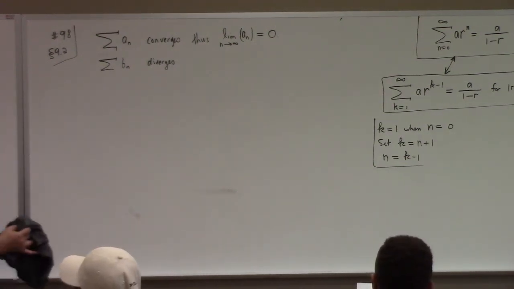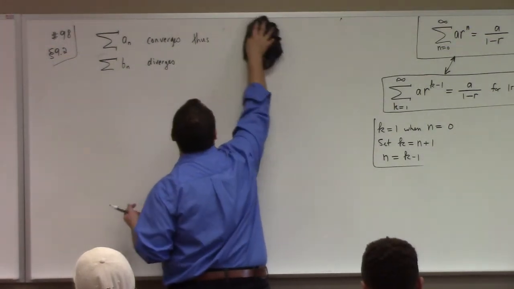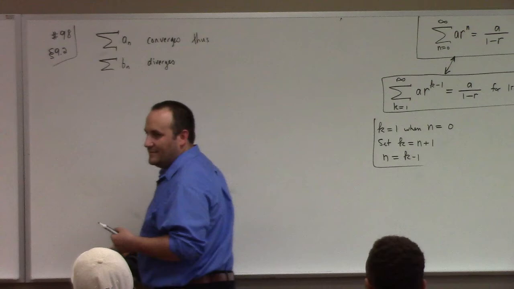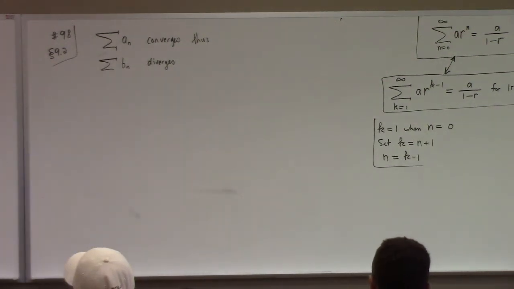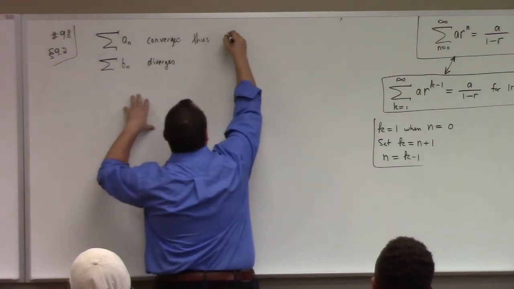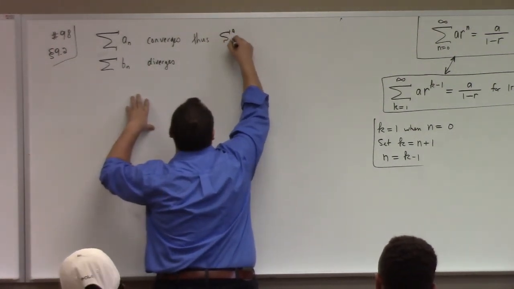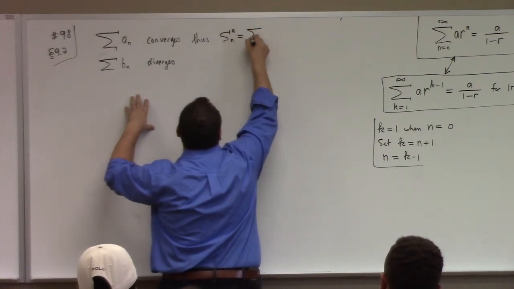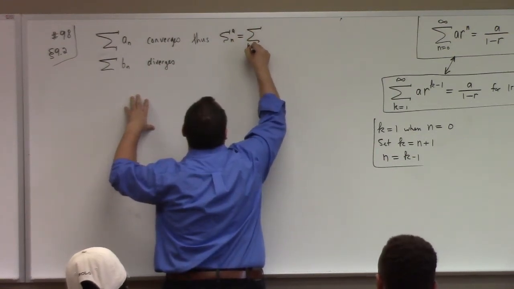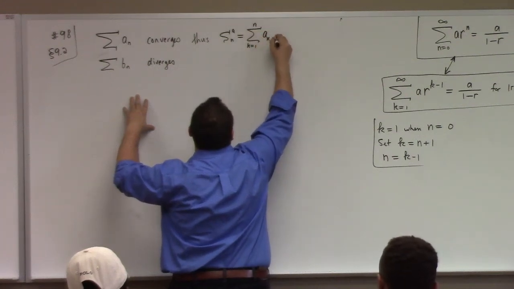Can't we use the definition of divergence? Yeah, we actually need to. The proof is going to be by the definition. So what's the definition of converges then? The Sn, right? I usually put an upper A on it, which is the sum k equals 1 to n of a sub k.